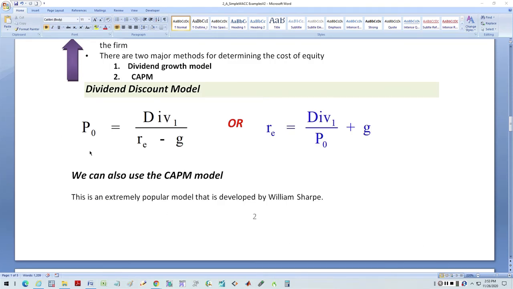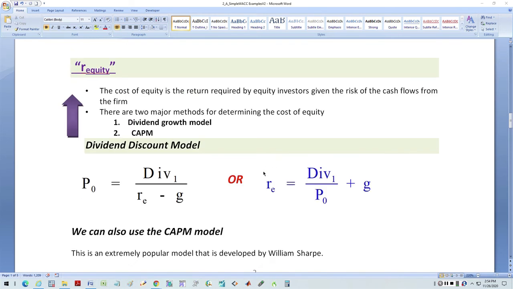If you remember, P0 equals dividend 1 divided by (R minus G), where P0 is the price of a stock at time period 0, dividend 1 is the expected dividend in year 1, R is the required return, and G is the growth rate. If we rearrange the formula, our R of equity is going to be dividend year 1 divided by the price at time period 0, plus the growth rate.